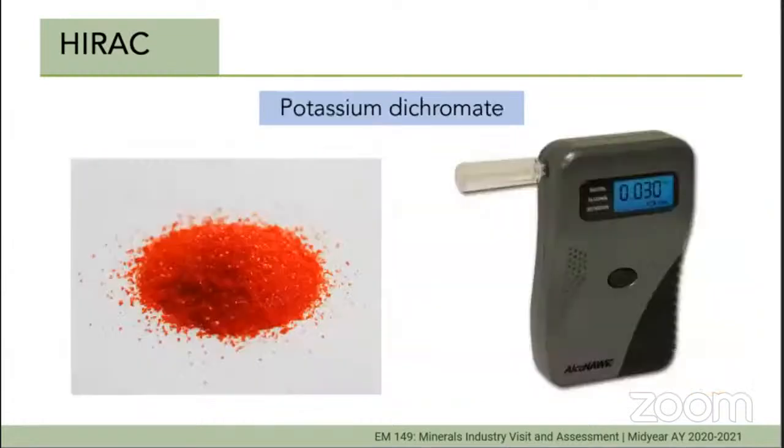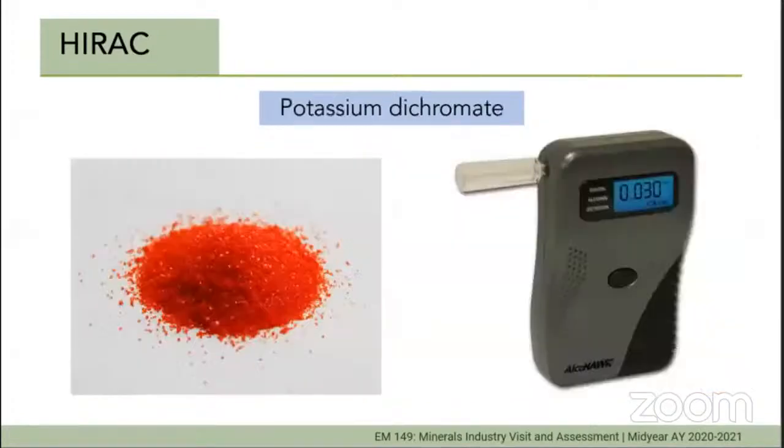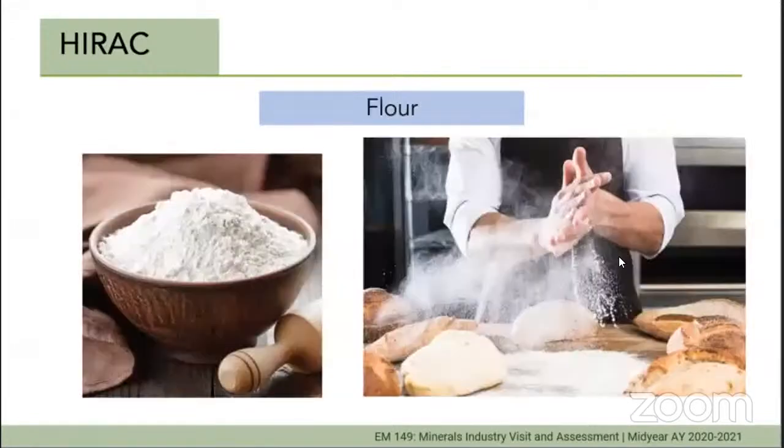So here we have some compound that is essentially carcinogenic, and then we have something na non-toxic. So parang nuisance dust lang siya. Ganon. Okay? But the frequency or the risk rather is different if you compare this one in a breathalyzer and this particular example with the baker, diba?